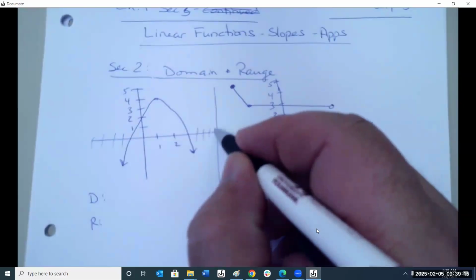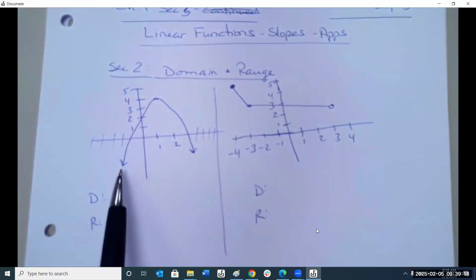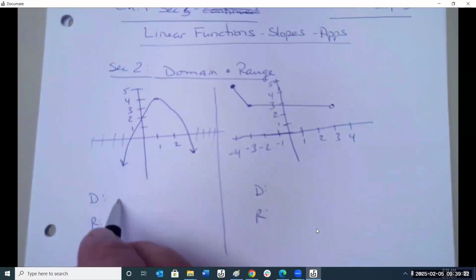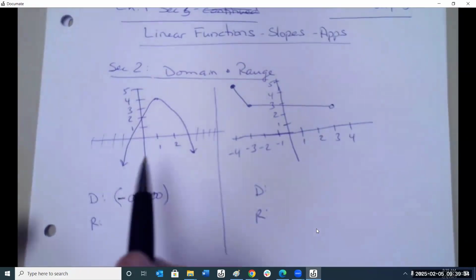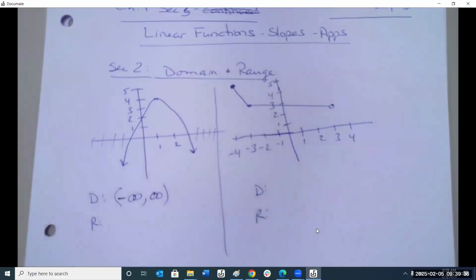Here are the x values. So how far can I go left on the x values? Negative infinity. To where? How far right can I go? Yeah, I know what you were trying to say with the infinity, but is this negative infinity and positive? Because parabolas do go on forever on both sides.